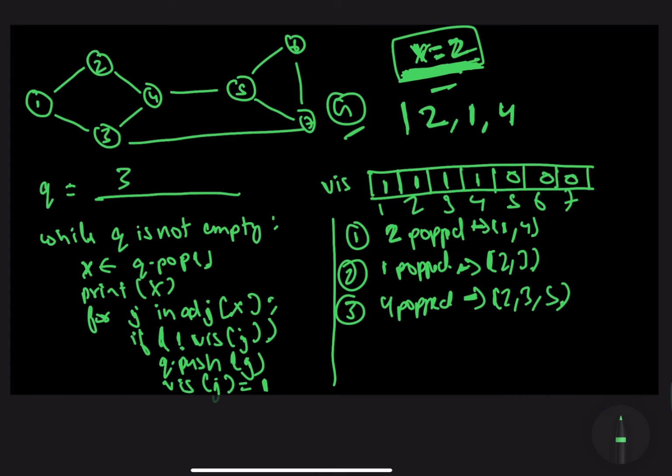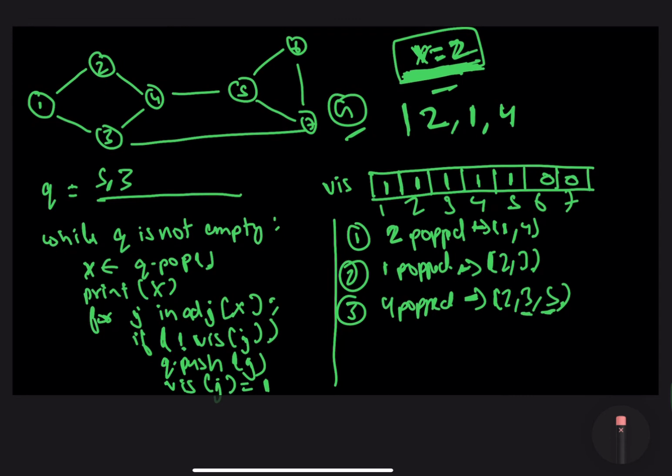Since 2 is already pushed into the queue, we will skip it. Since 3 is also already pushed, we skip it again. And since vis of 5 is equal to 0, we push 5 into the queue. The queue becomes something like this, and we mark vis of 5 as equal to 1. So let's clean this up because this is becoming congested.